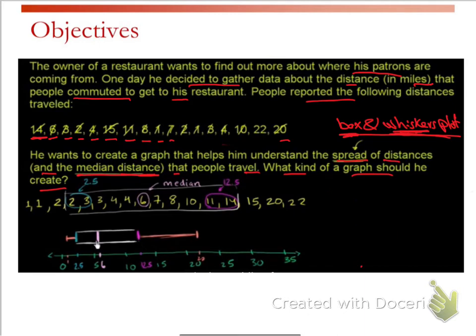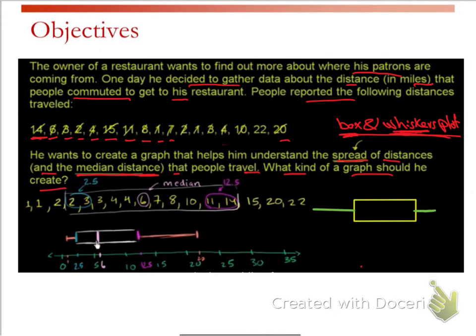So the way we can plot this box and whisker is like this: just have a box, okay? Then we'll have one whisker here and another whisker on this side.